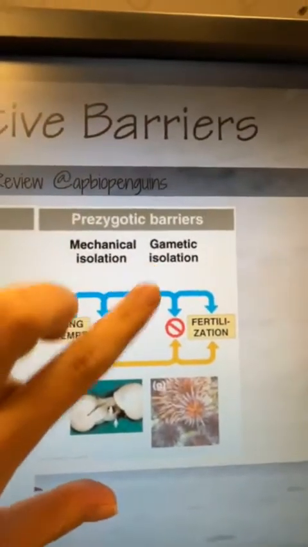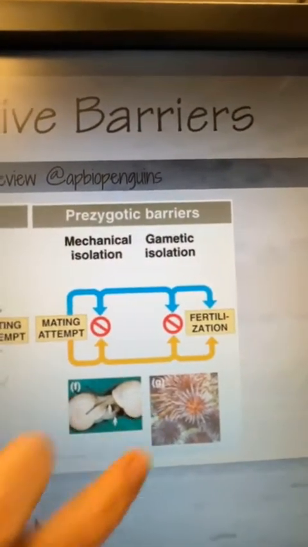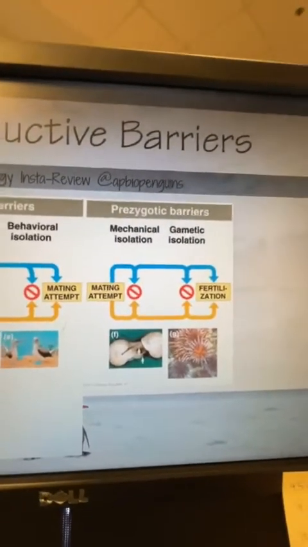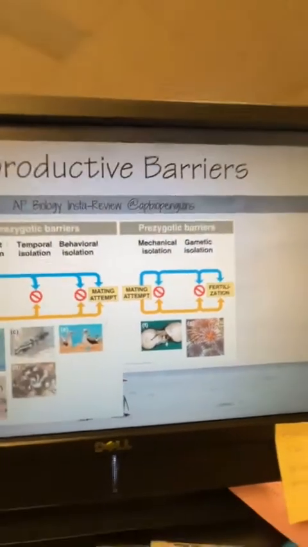And so that is considered gametic isolation. And so here's our last one, gametic isolation. This would be our sea urchin, because the sperm is not going to fuse with the egg, because they don't fuse together. And so those are all the prezygotic, the things that happen before you form the zygote.